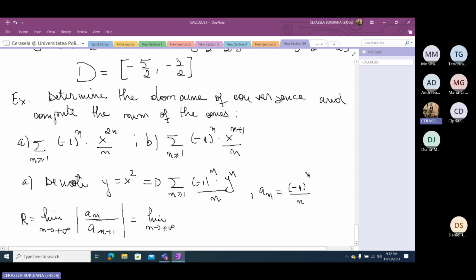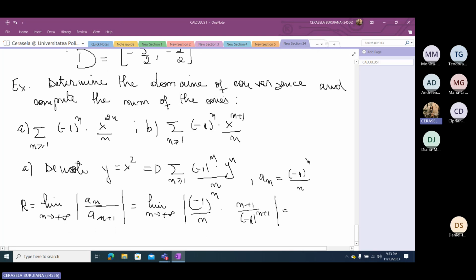They are easy, we just replace here. I have -1 power n over n times the reverse of a_(n+1), so it would be n plus 1 over -1 power n plus 1. Because we have the module, everything with -1 goes away, it will be 1.